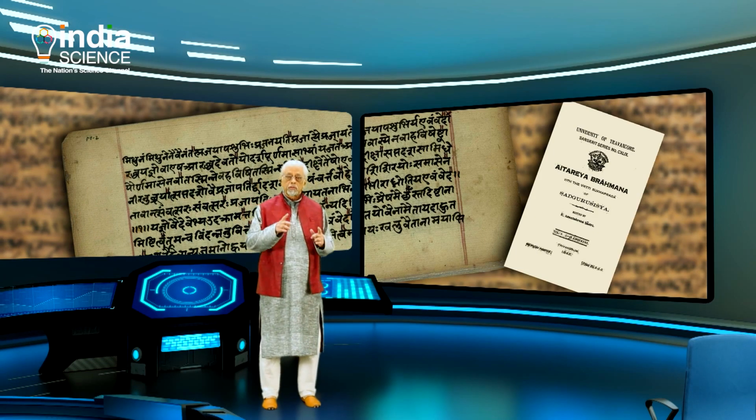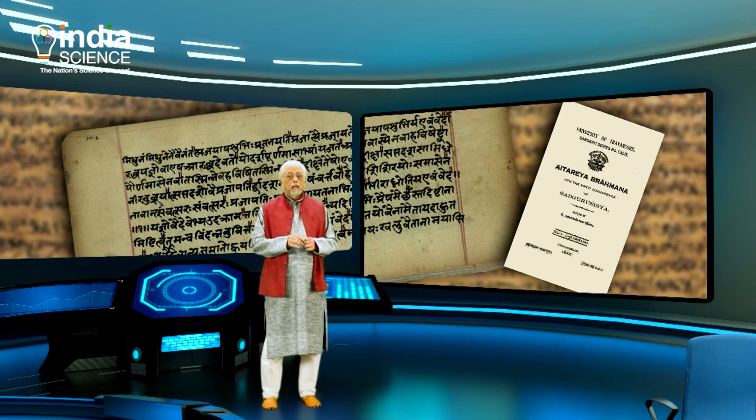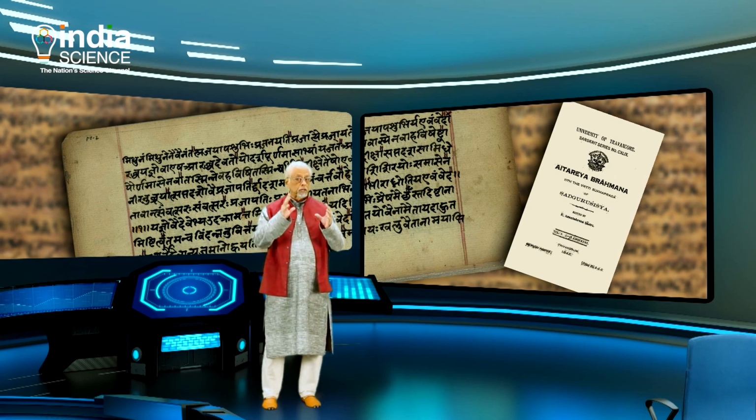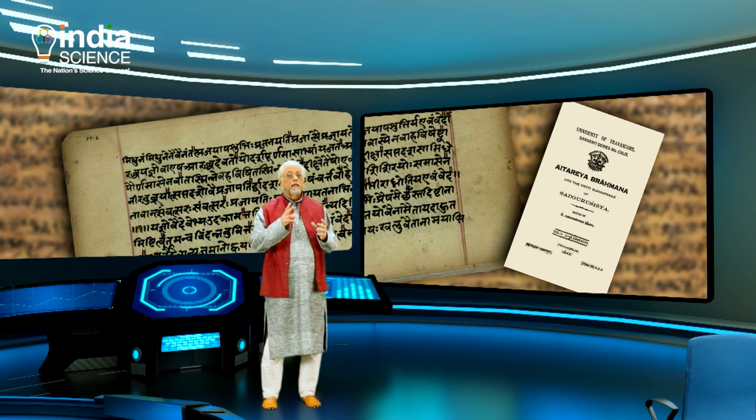Reference to the solstices can be found in the Aitareya Brahmana. There is a passage which shows that the sun was found to remain stationary for 21 days near the summer solstice.